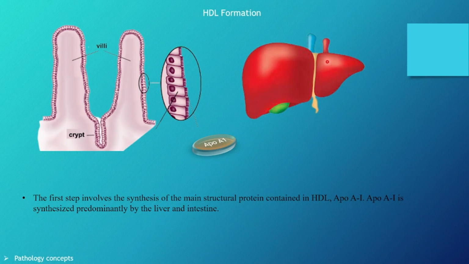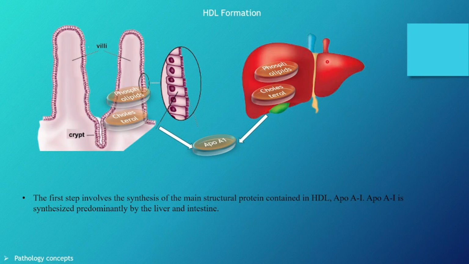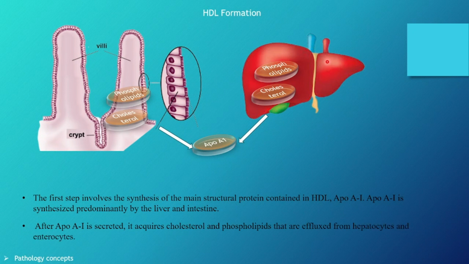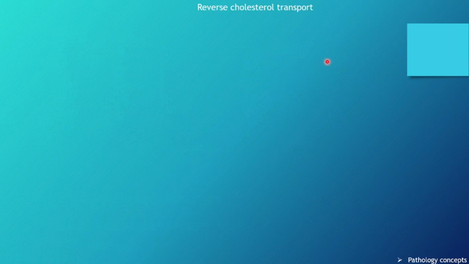ApoA1 is synthesized predominantly by liver and intestine. Then, after ApoA1 is secreted, it requires cholesterol and phospholipids that are effluxed from hepatocytes and enterocytes, and they form HDL, high density lipoprotein, and it reaches circulation.